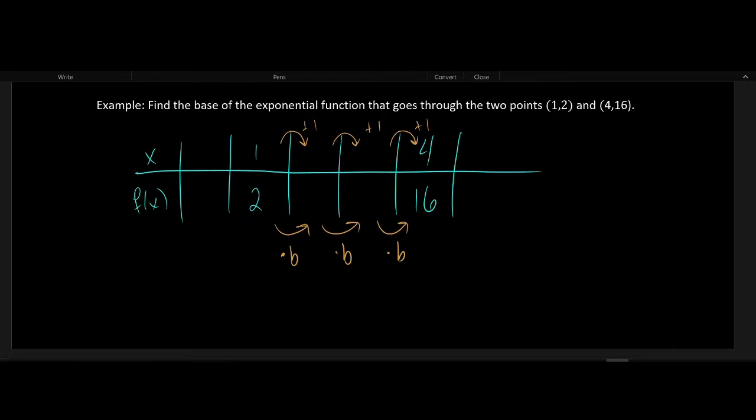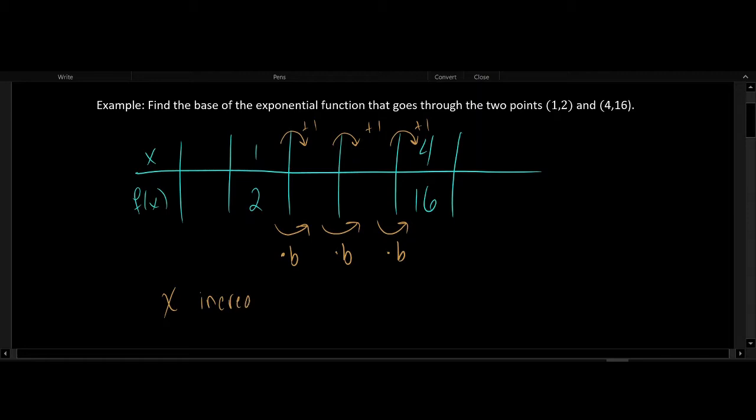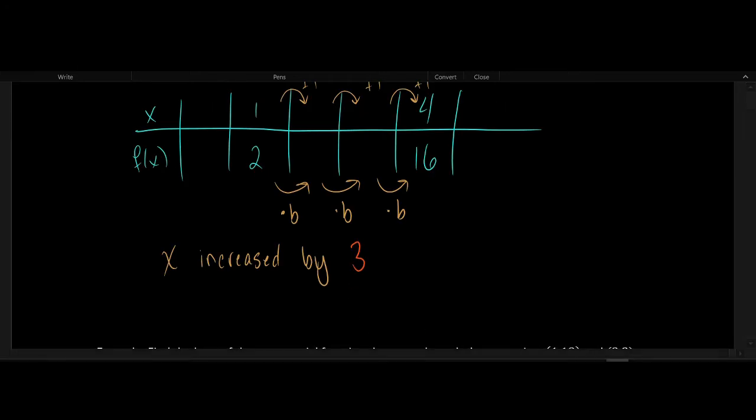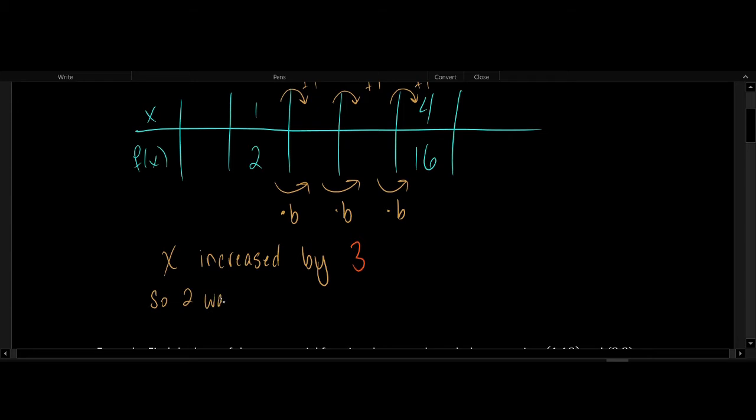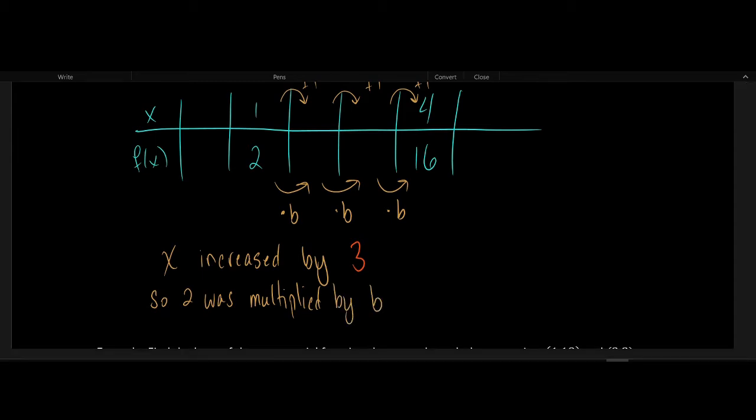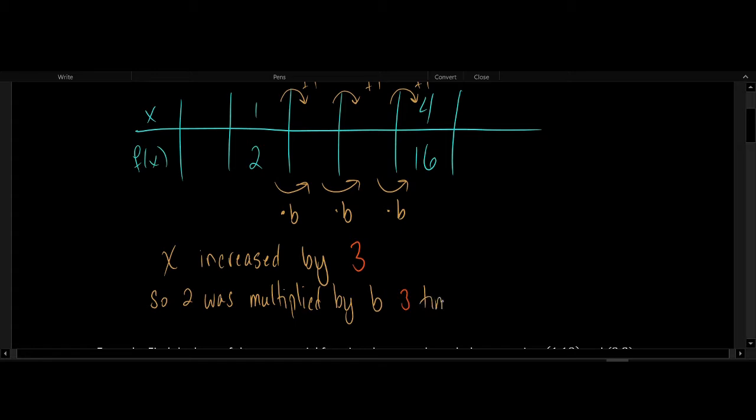So, let's make some notes. X increased by 3, so 2 was multiplied by b 3 times in total to get 16.